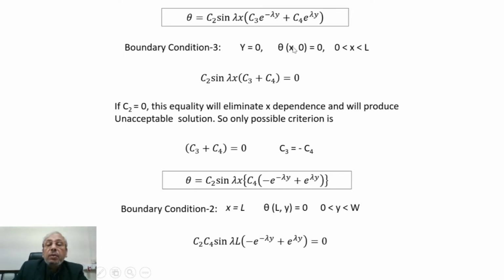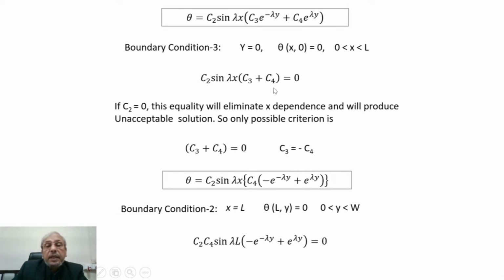So theta throughout x, between 0 and L throughout the length, and y equal to 0 is equal to 0. Now if we substitute y equal to 0 in this equation, we will get C2 sine lambda x into C3 plus C4 equal to 0.